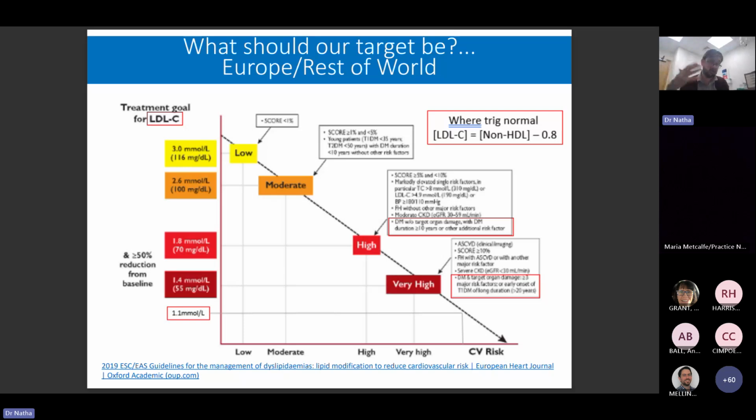And think about lower targets such as 1.4 or lower in those who have multiple risk factors and have cardiovascular disease or other atherosclerotic vascular disease present. And document those targets within the clinical notes whenever you're seeing them for their annual reviews. The rationale for lower is better earlier, I'll come to in a minute.